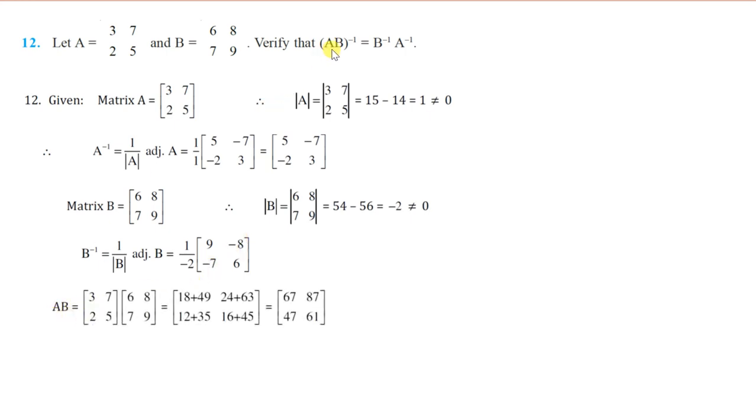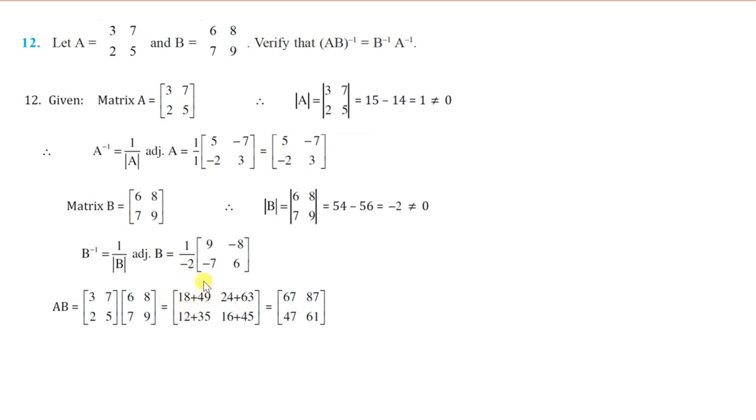Now for the left hand side we require the product AB. AB is [3 7; 2 5] multiplied by [6 8; 7 9]. Now multiply row by column, term wise, and add them. 6 3s are 18 plus 7 7s are 49. That is the first term.